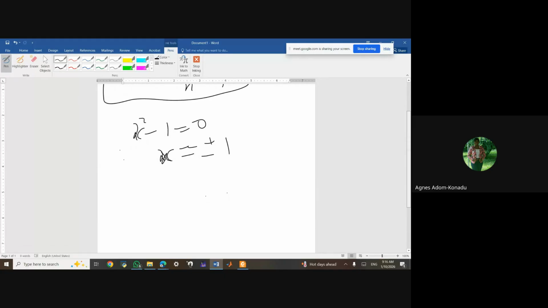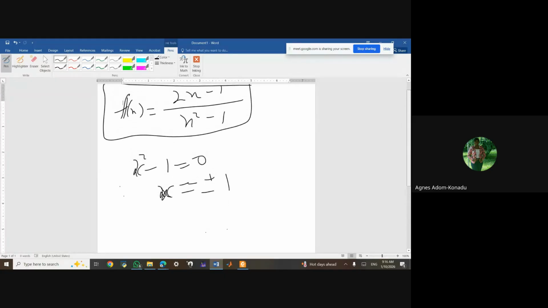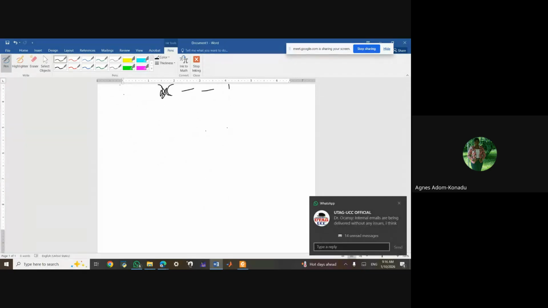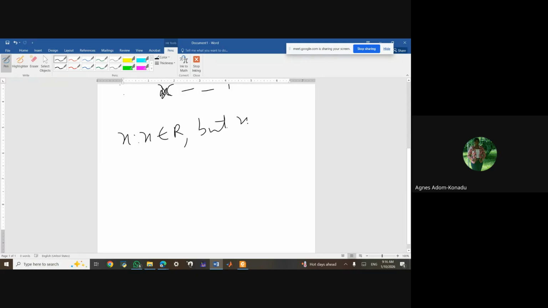So the domain is the values that will make this function defined. So domain is x such that x is in R, but x should not be equal to plus or minus 1. So my domain is every real value except plus or minus 1.